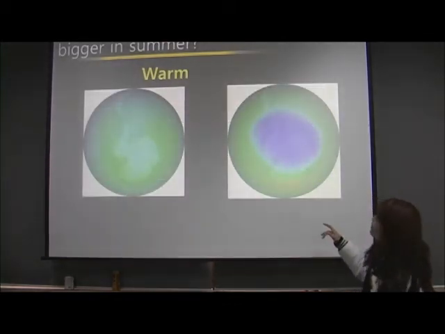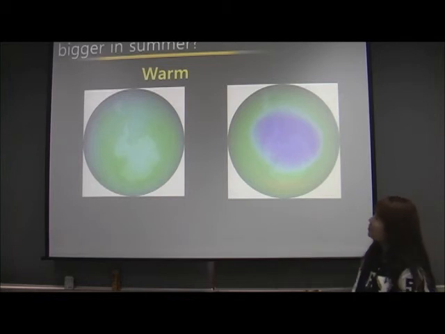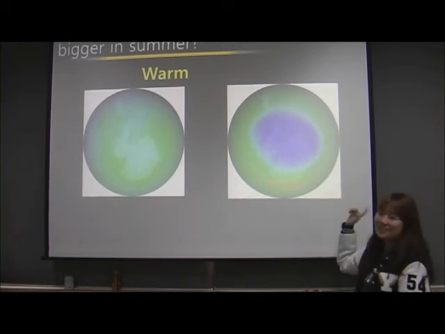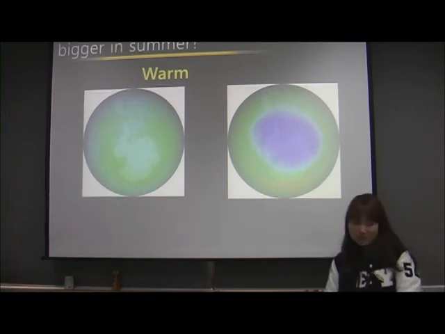So if you look at these pictures, the first one was taken in April and the other in October. April is winter in Antarctica, and October is summer in Antarctica. So you can see that the ozone hole gets bigger in summer.